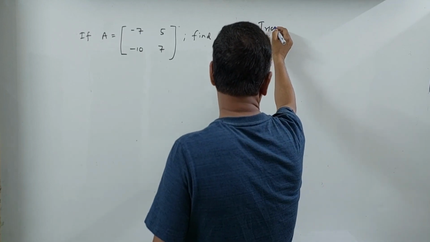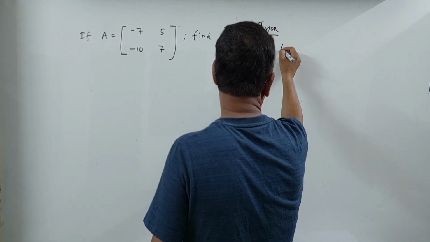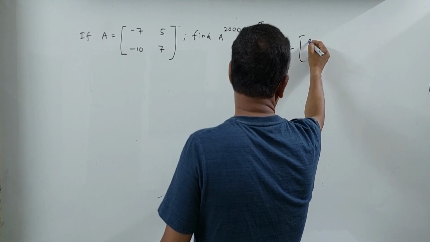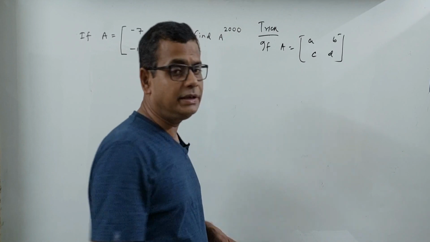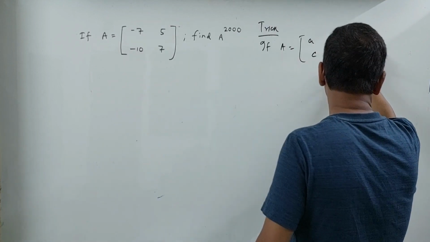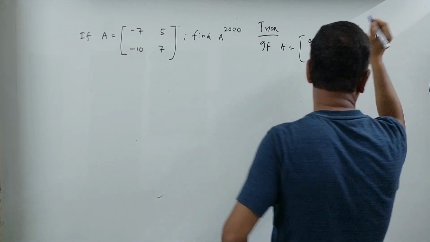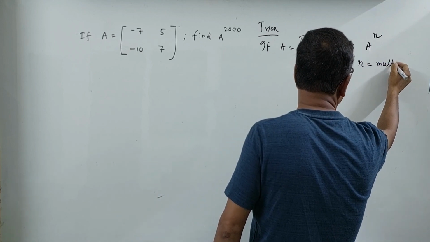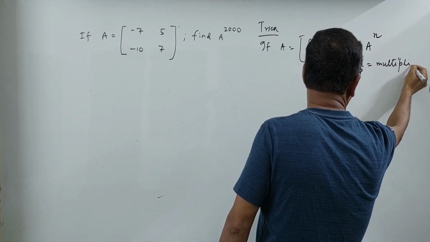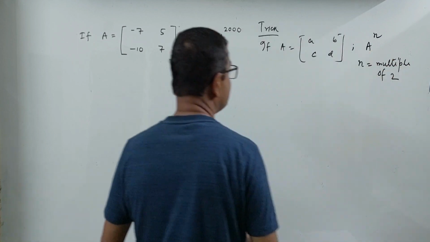The trick is, if A equal to [a, b; c, d], that is a matrix of order 2, and suppose we have to find A to the power n, where n is a multiple of 2.